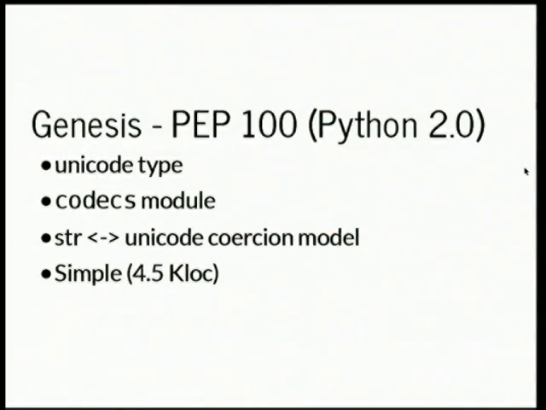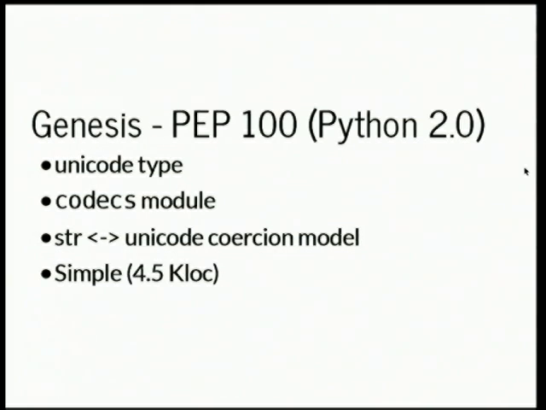Unicode in Python was introduced with PEP 100. This document was actually circulated for several years before the PEP process was introduced, so it got the first official PEP number. The two-digit PEPs are meta PEPs, essentially.